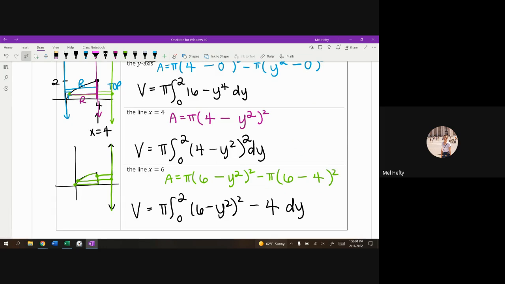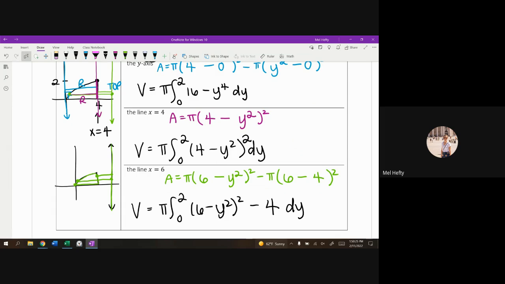Both of these would require some foiling. Those are probably outside the scope of at least this test. The AP test might expect you to be able to do that, but I certainly wouldn't expect you to do that by hand because you're foiling out. You'd have thirds and fifths once you start integrating. That's just a lot of gross math that isn't really necessary for this type of stuff.